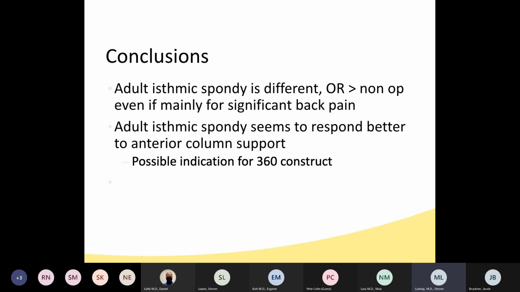For the degenerative spondy population, somebody that is not significantly decompensated, has a low-grade spondylolisthesis, is a good fusion host, is not kyphotic locally, regionally, or globally, they're getting a posterolateral fusion in our hands. It's a fairly straightforward procedure.